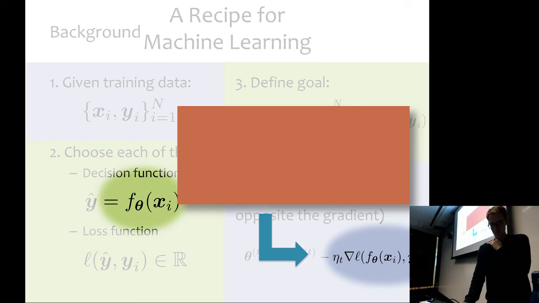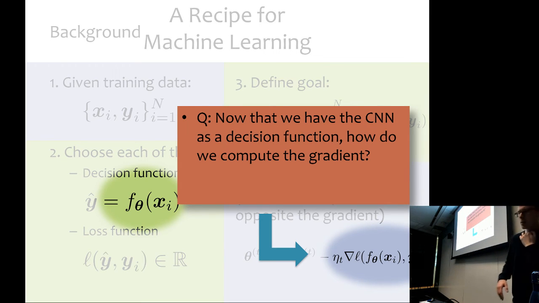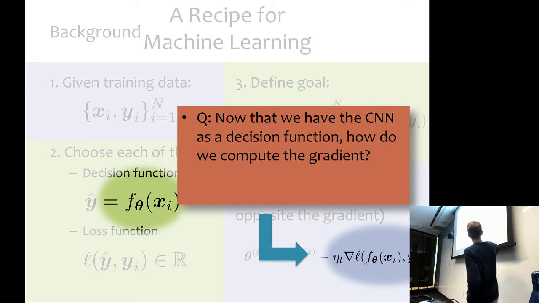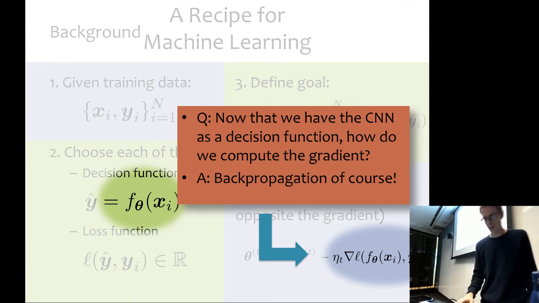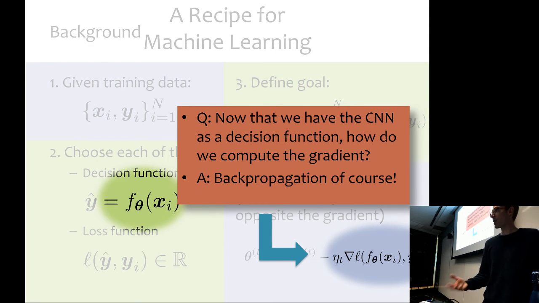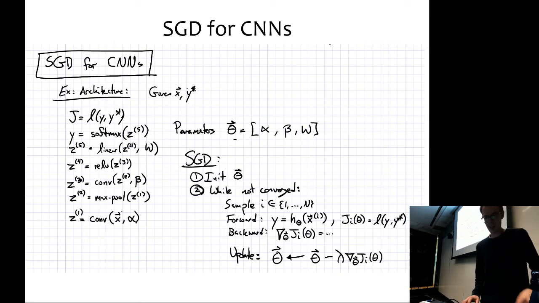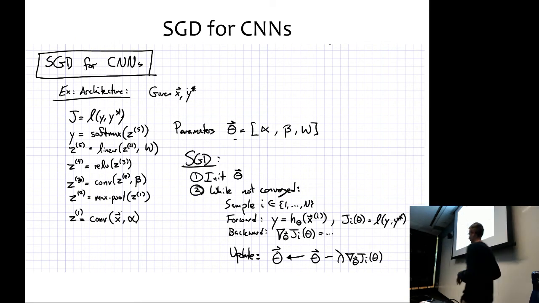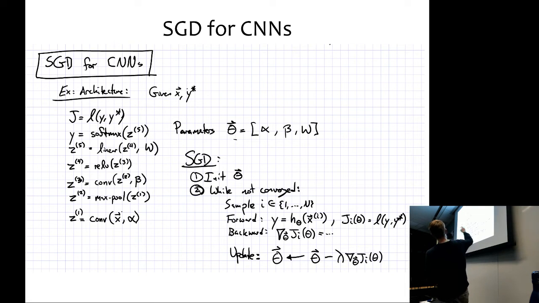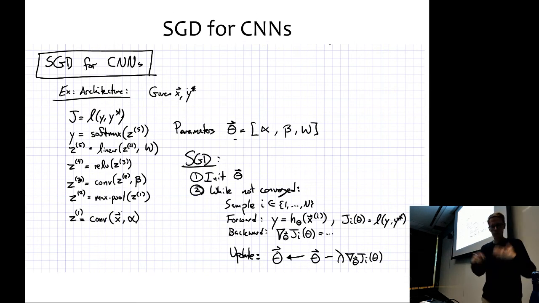Okay. So how could we train one of these? With the convolutional neural network as a decision function, we want to compute the actual gradient of it. To do that, we rely on backpropagation. Assuming you know how to implement backpropagation, the stochastic gradient descent training for the CNN is the standard thing that we would expect to see.